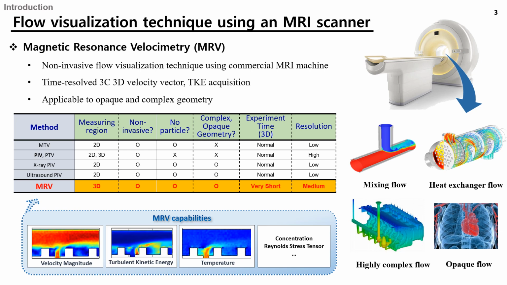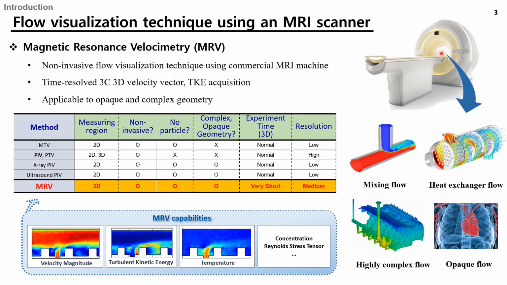So in this slide, I will give you a brief introduction to MRV. MRV is a flow visualization technique that uses a conventional MRI scanner. Unlike other techniques, it measures in a 3D region and is a non-invasive flow visualization technique, meaning it doesn't require any tracing particles.